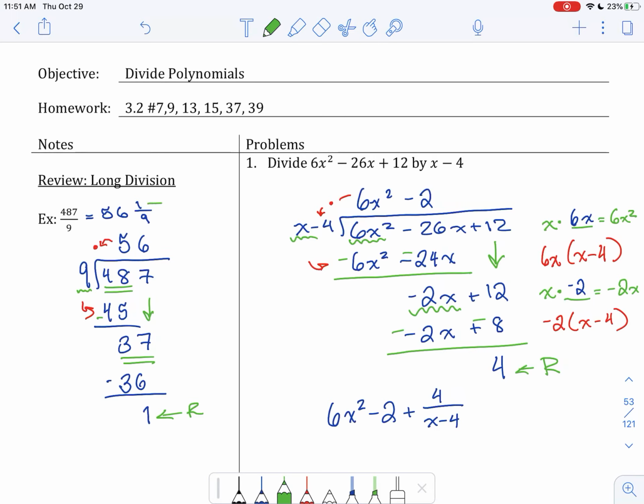So here, if you look at the number problem, we have our remainder here, and then we have our divisor or denominator from before. So our final answer for 6x squared minus 26x plus 12 divided by x minus 4 is 6x, whoops, I picked up a squared. That's not great. 6x minus 2 plus 4 over x minus 4.